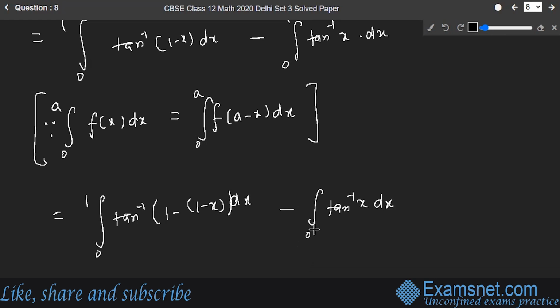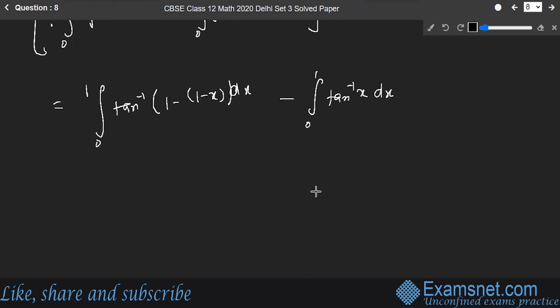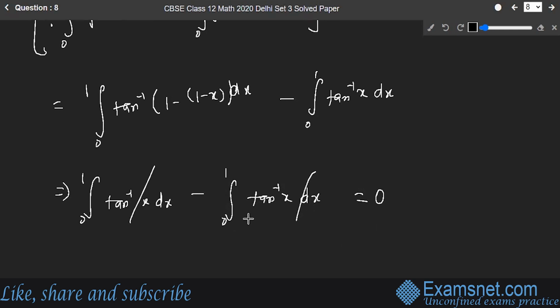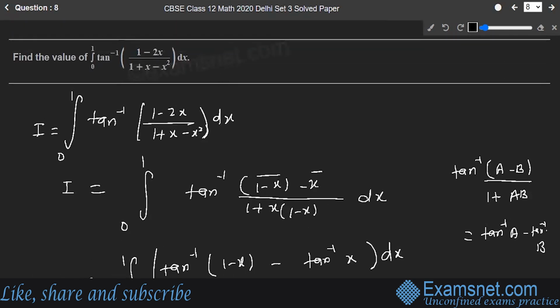I will not touch this; I will leave it as such. So this is equal to the integral from 0 to 1 of tangent inverse of x dx minus the integral from 0 to 1 of tangent inverse of x dx, which gives you 0 because they will cancel out. So that means this whole integral value is equal to 0. That's it. This is the answer to the question.